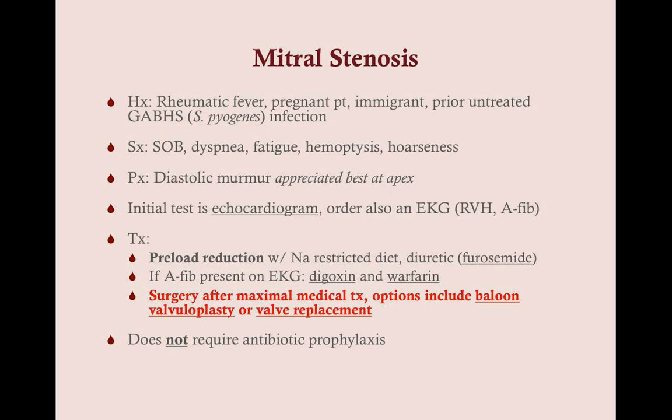And really, balloon valvuloplasty was invented for pregnant patients because open heart surgery would obviously be a serious risk to the fetus. So balloon valvuloplasty tends to be preferred, but we can also do open valve replacement. And of the mitral problems, none require antibiotic prophylaxis, with the exception of mitral valve prolapse in some cases. So mitral stenosis never requires antibiotic prophylaxis.